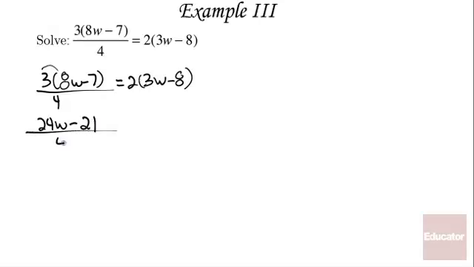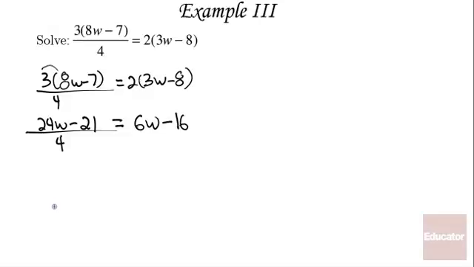And all of that is divided by 4. Equals 2 times 3w is 6w. 2 times negative 8 gives me negative 16.